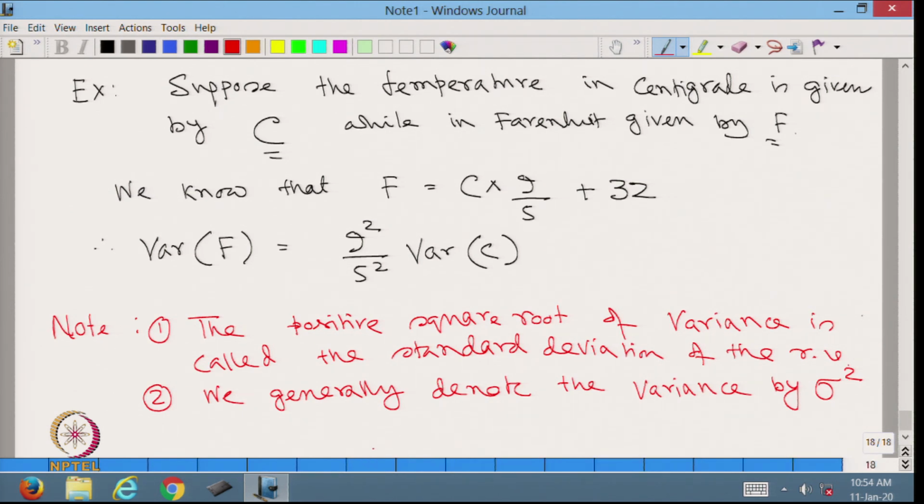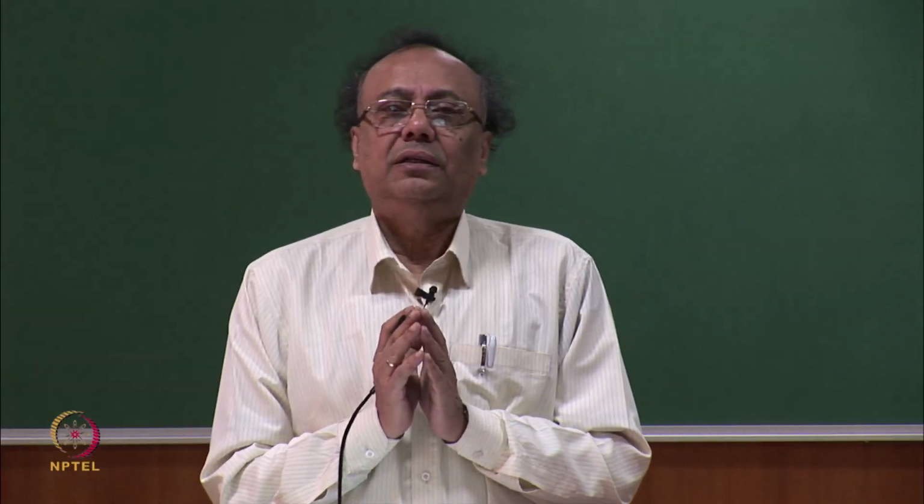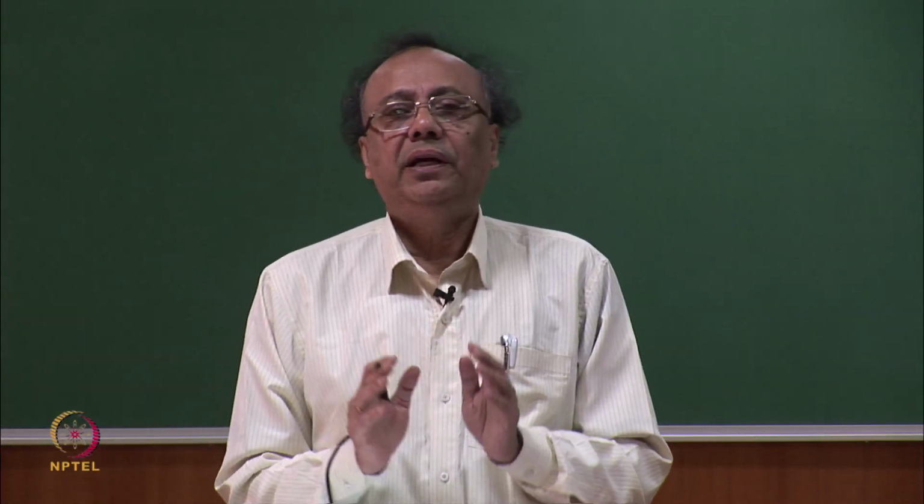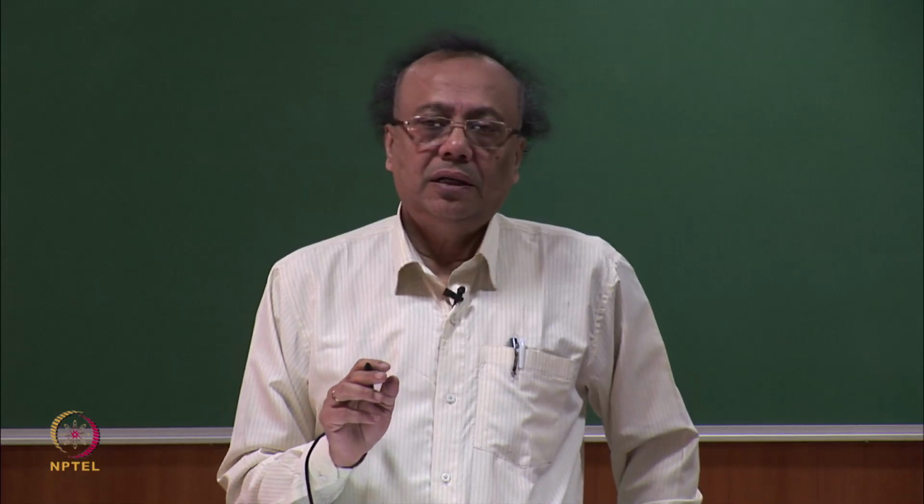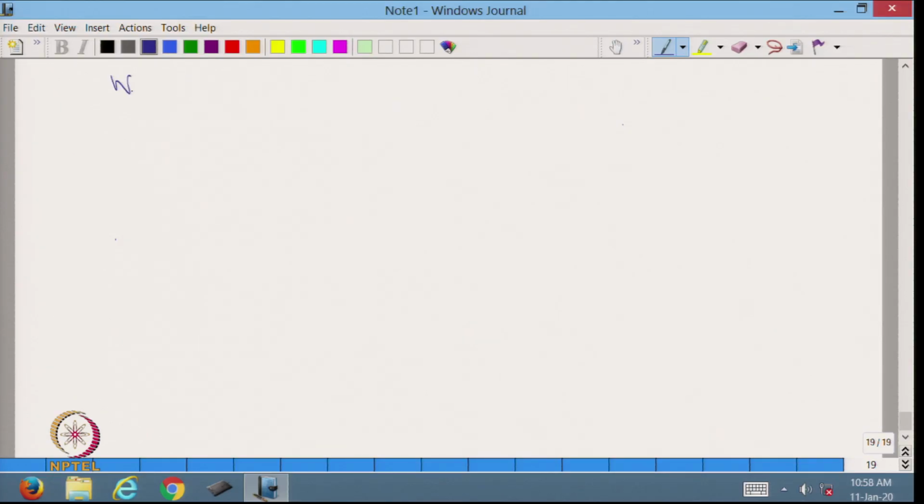So the positiveness of the measurement is taken care of by the square, and standard deviation is denoted by plus sigma.